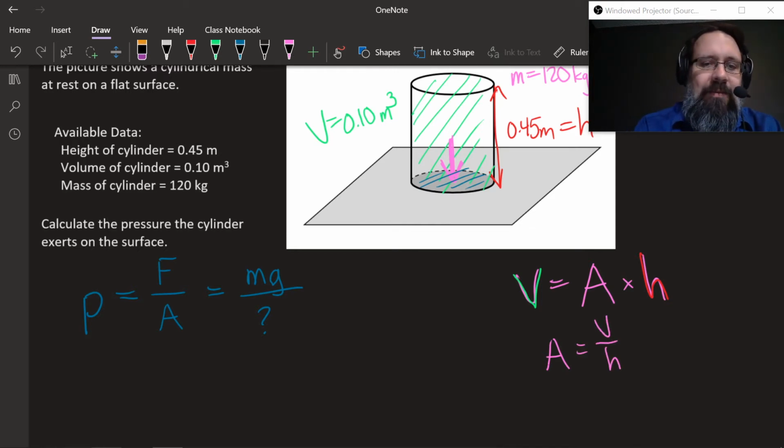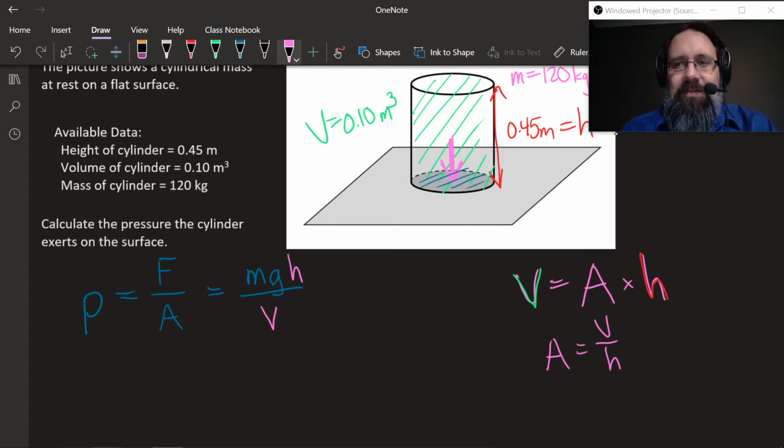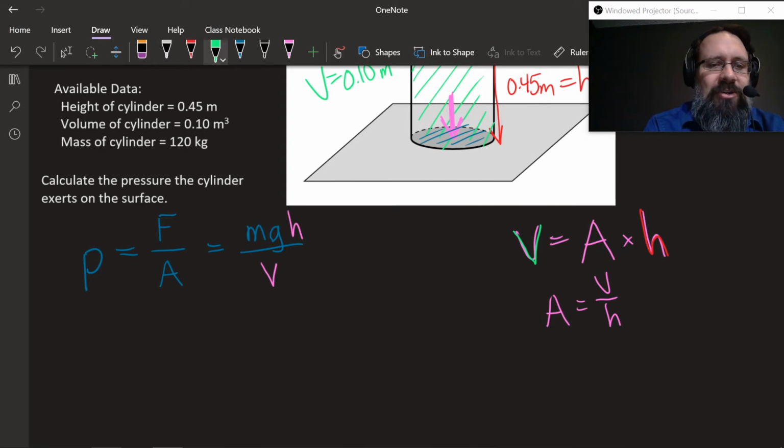So I can plug that over here, that it's the volume divided by the height. Since the height was on the bottom, I can just move it up to the top. So we get that the pressure of this cylinder is mgh divided by the volume.